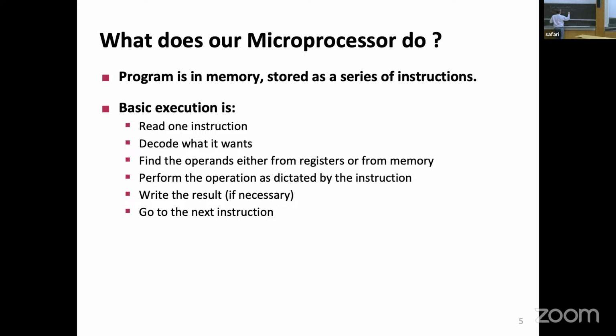It could be an immediate, it could be a register, it could be from the memory. We have to understand where to find them. And then we have to do what the instruction tells us to do, so perform the operation. Some of them are simple, like add, load, store, a number of them. If we produce a new result, if we are writing something, we have to write it to the location that it tells us: write back the result.